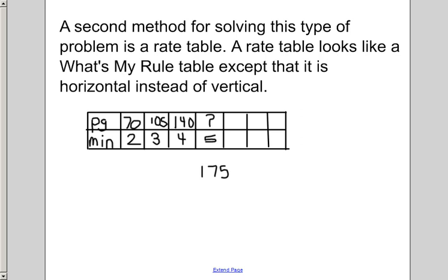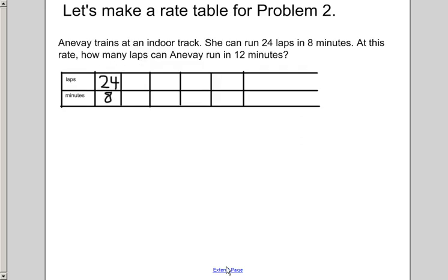So now let's make a rate table for problem 2. And here's that problem again. Anave trains at an indoor track. She can run 24 laps in 8 minutes. How many laps can she run in 12 minutes? So here's our 24 laps in 8. So we want to know how much she can go in 12.